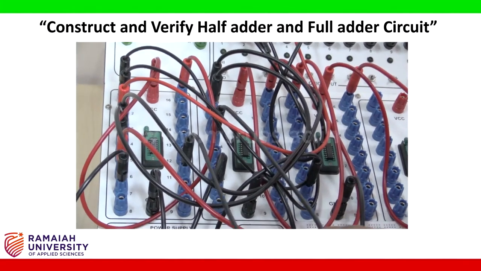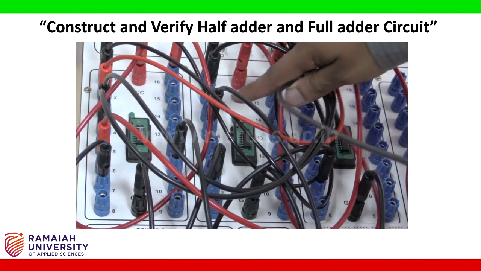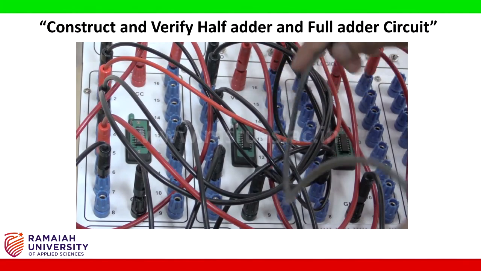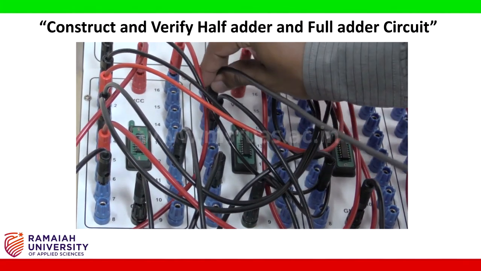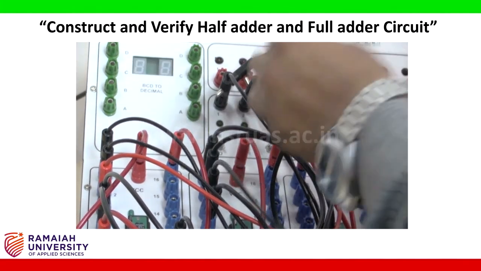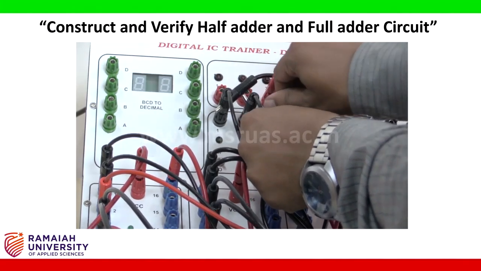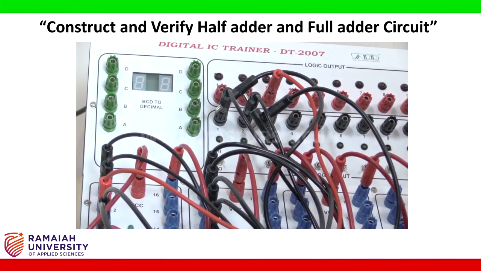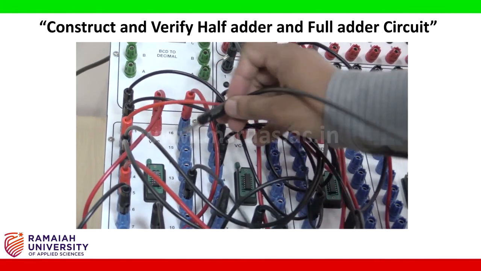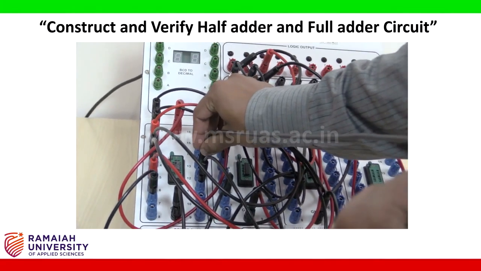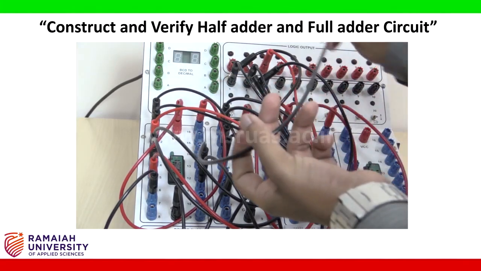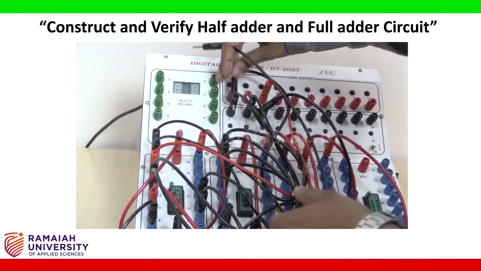Now the input of this NOT gate, that is pin number 3, which is connected to input B, I am connecting here. Now one more input of the AND gate is directly connected to the input A here.